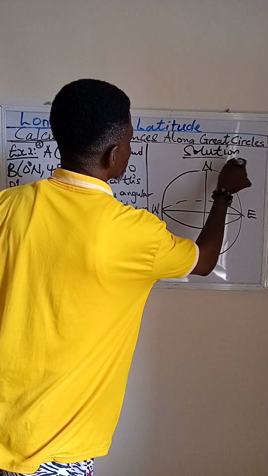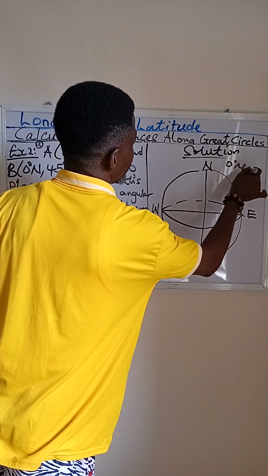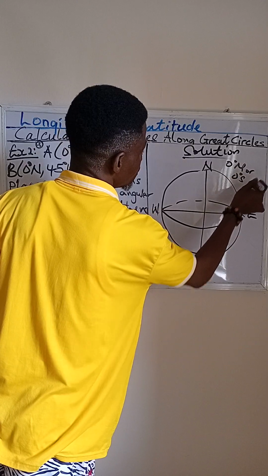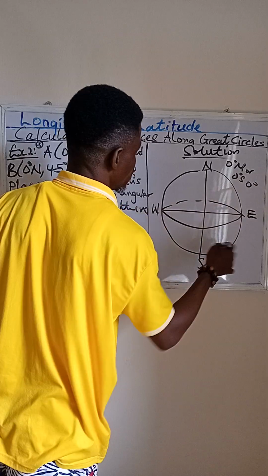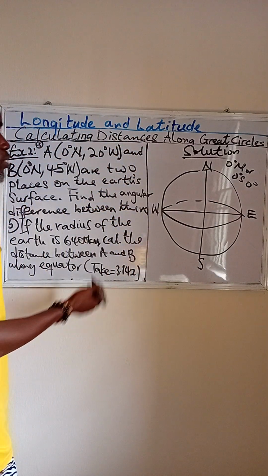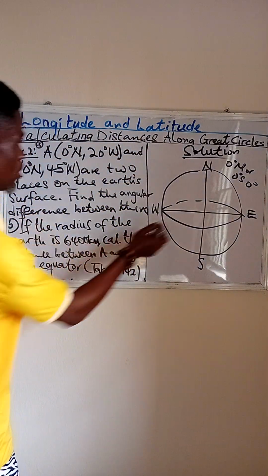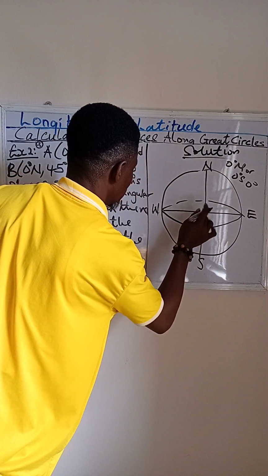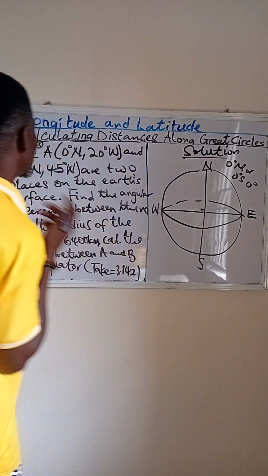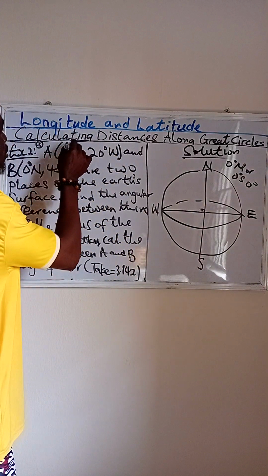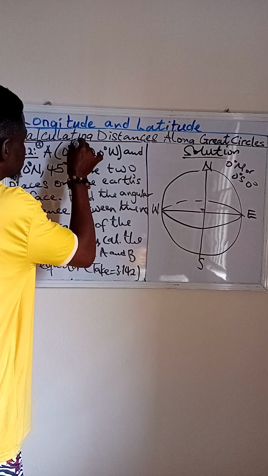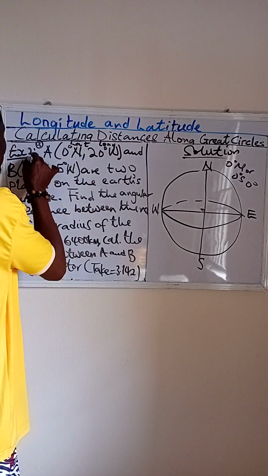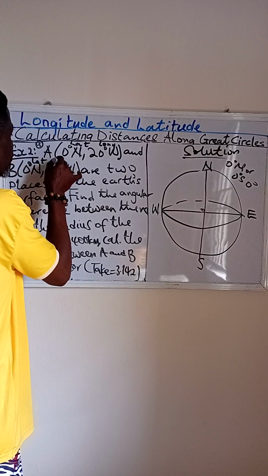When you have 0 degrees north or 0 degrees south, it means the equator. Now, this is the center of the sphere, or the center of the earth. Don't forget the first one is always latitude, while the second one is longitude.